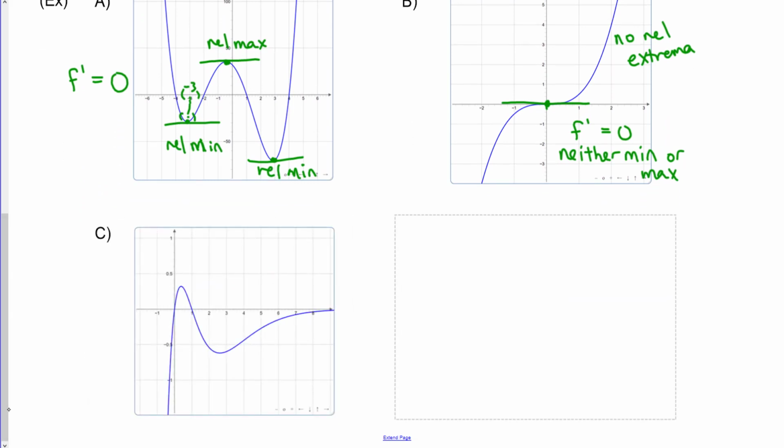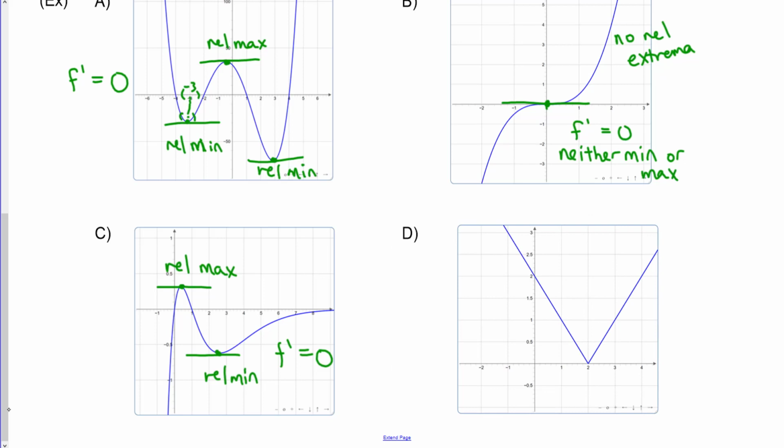Here's another example. This one does have some relative extrema, and that's going to occur here and here, where we would have tangent lines that are 0. So we have a relative maximum and a relative minimum for this particular function, where the derivative is equal to 0. So, as I said, where the derivative is 0 is a really good indicator as to where relative extrema can occur.